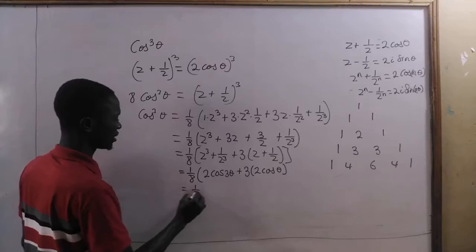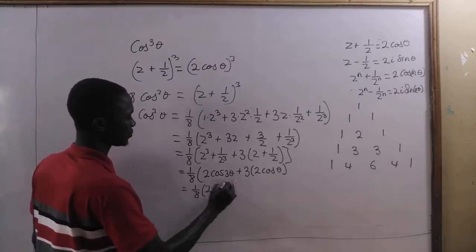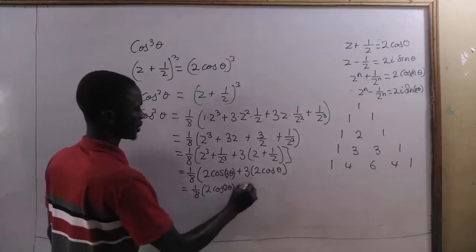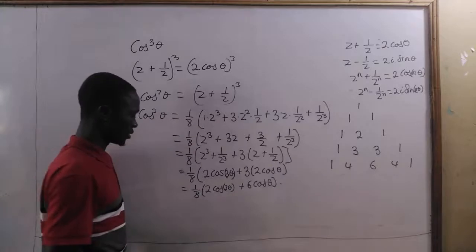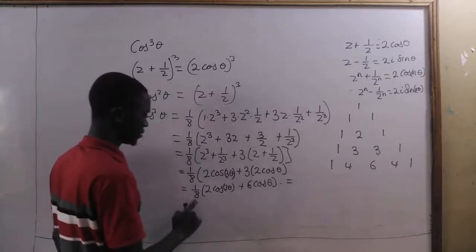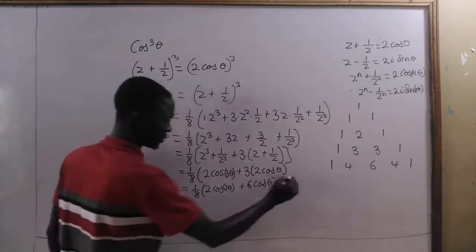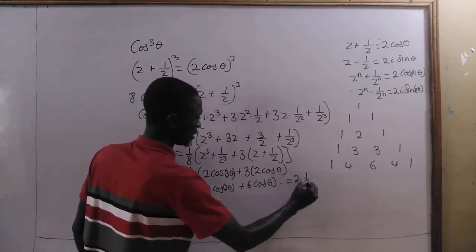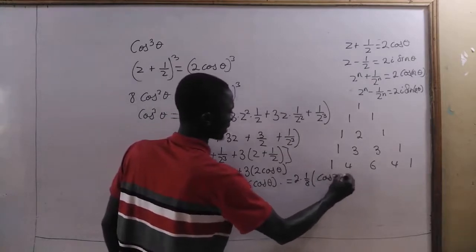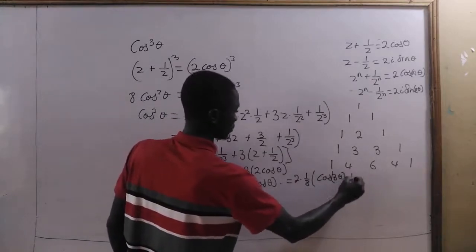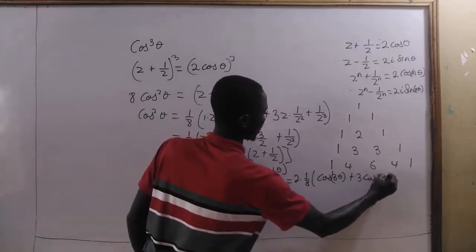You have 1 on 8 into bracket 2 times cosine of 3 theta plus 6 cosine of theta. Wow. Now, let's factorize 2 out. 2 times 1 on 8 into bracket cosine of 3 theta plus 3 cosine of theta.